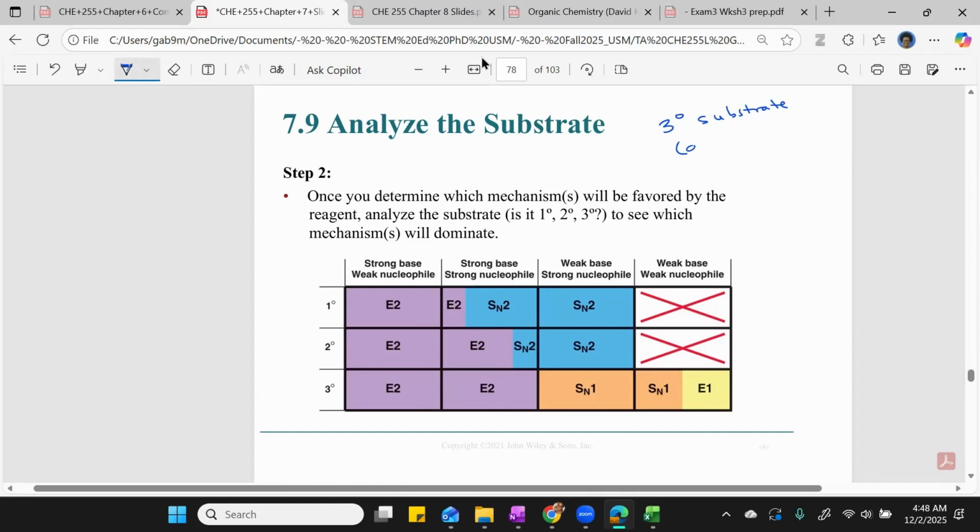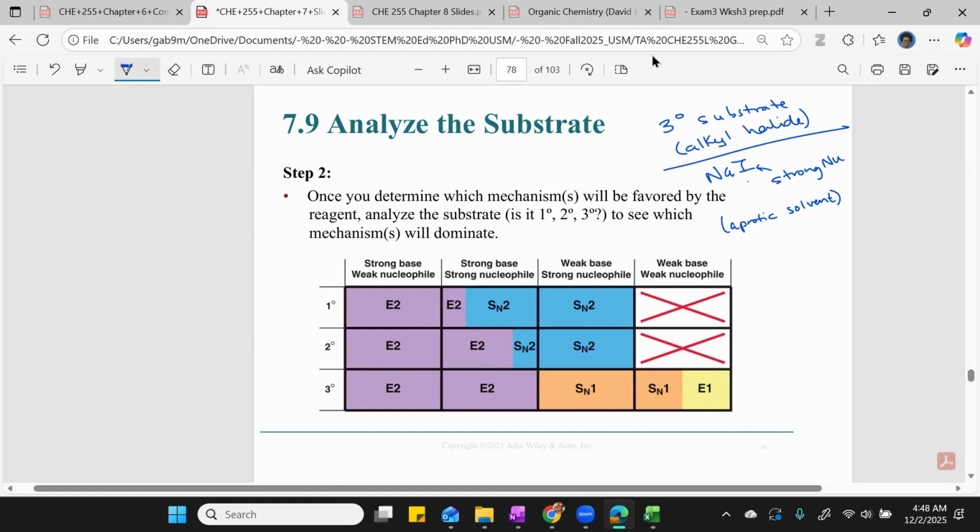It's an alkyl halide with a leaving group of chlorine. And then the other thing is, our reagent shows a strong nucleophile. We have an aprotic solvent, acetone.